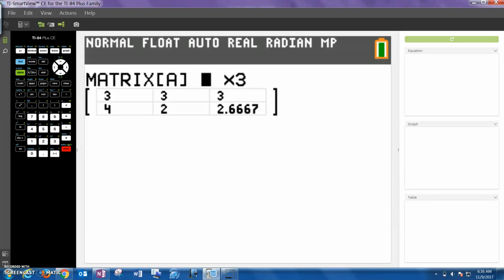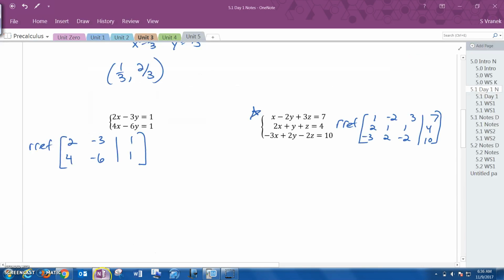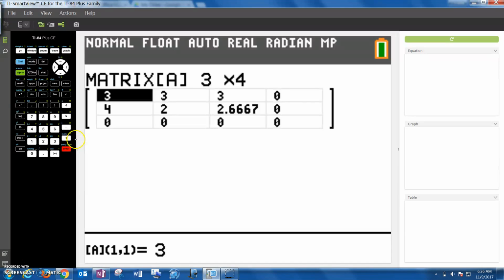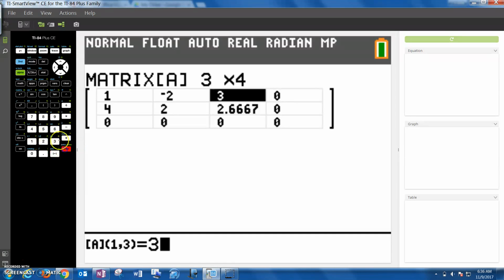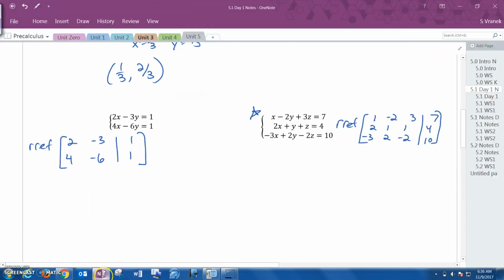This time you're doing a 3 by a 4, and now you have to enter the numbers, which I don't have with me. 1, -2, 3, 7, 1, 2, 3, 7, 2, 1, 1, 4.